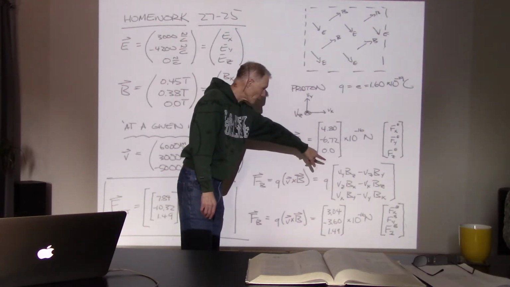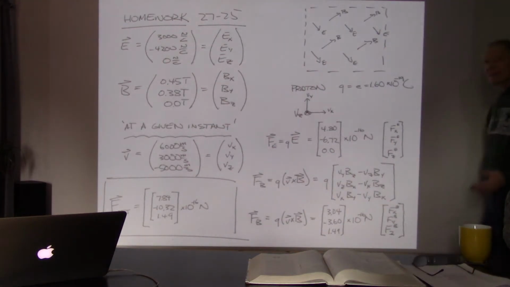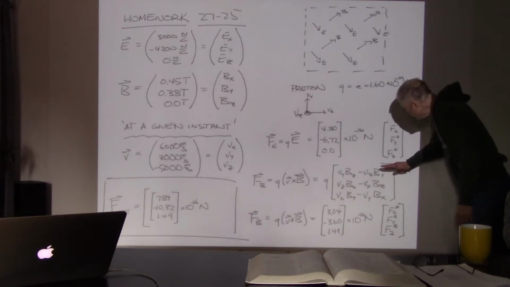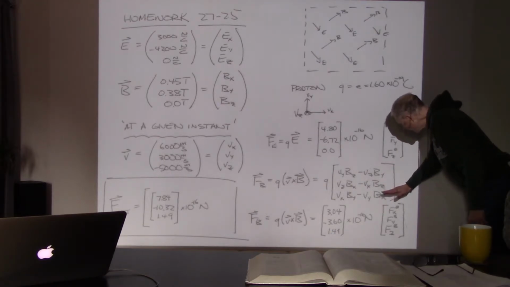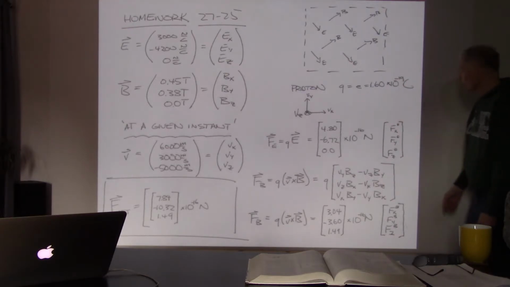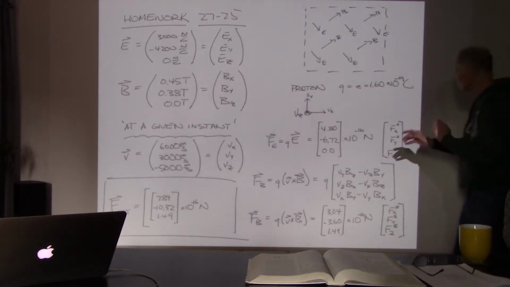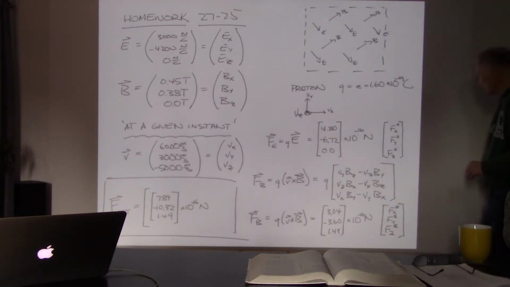I wrote all the components out because I think that's a good way to remind yourself how these things work. So here is the force in the x, the force in the y, and the force in the z, and that's what you got to do to calculate. So there's a good number of steps here to keep track of. I got to take the right components of v and match them with the correct components of magnetic field.